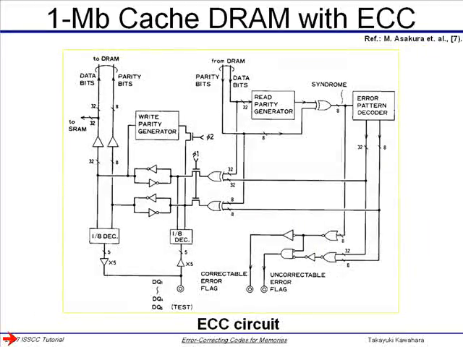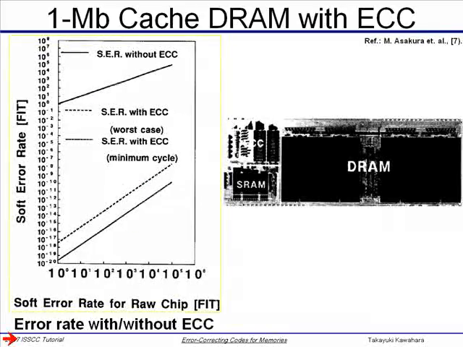So this also has parity generation and readout of the syndrome parity. And the soft error rate is reduced remarkably. And this is four chips, the huge chips. The ECC is a very large portion of this chip. But in this chip, the 1 megabit ECC chip is established.